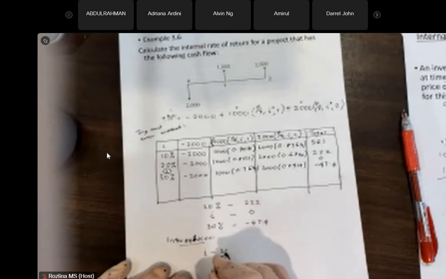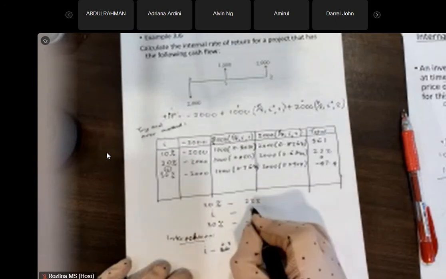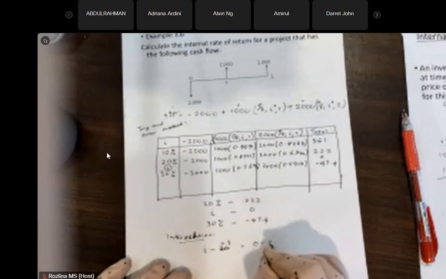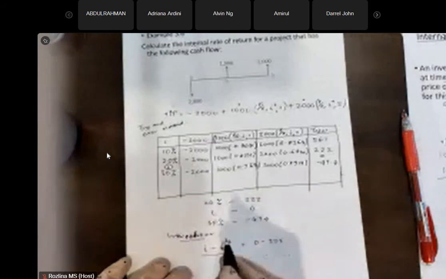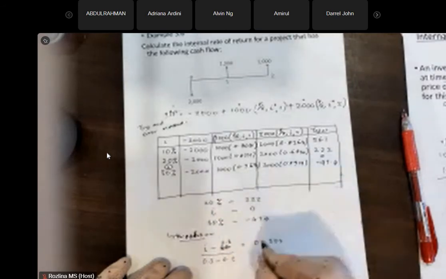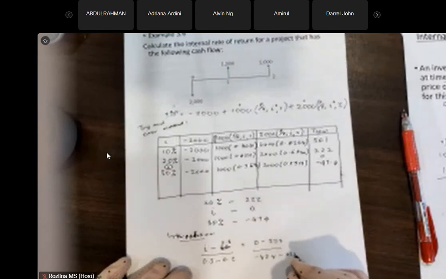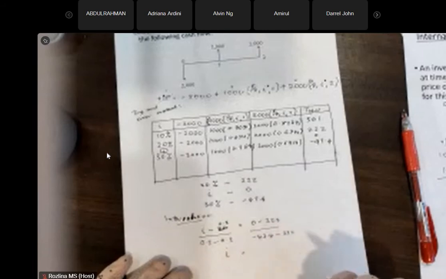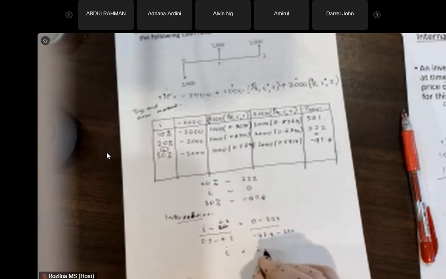I minus 20% ataupun 0.2, yang ni dengan ini sama dengan 0 minus 222. Okay, yang ni pula dengan atas, yang ada information pula 0.3 minus 0.2, sama dengan negative 47.4 minus 222. So you will get the I is 28.2.